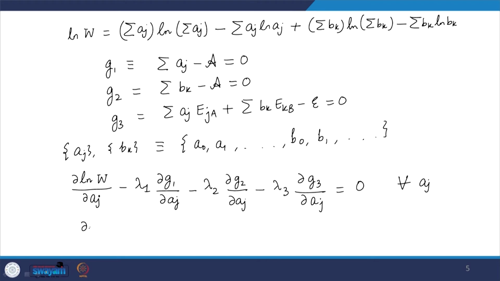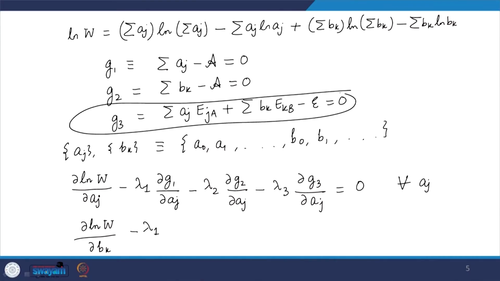And similarly, we can write for B k, and the point to remember is the Lagrange multiplier has to be the same, because as I said, we can combine the two variables together and they become the variable for the entire equation, right.